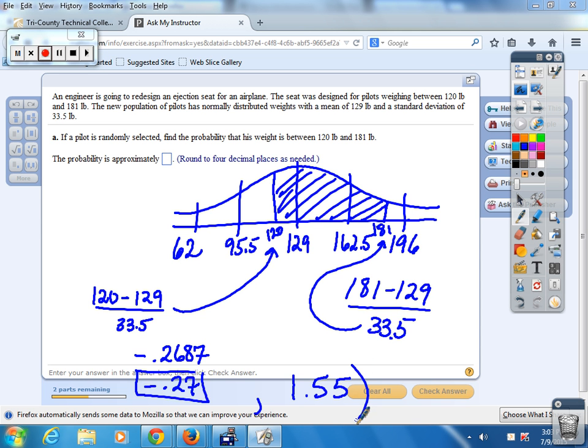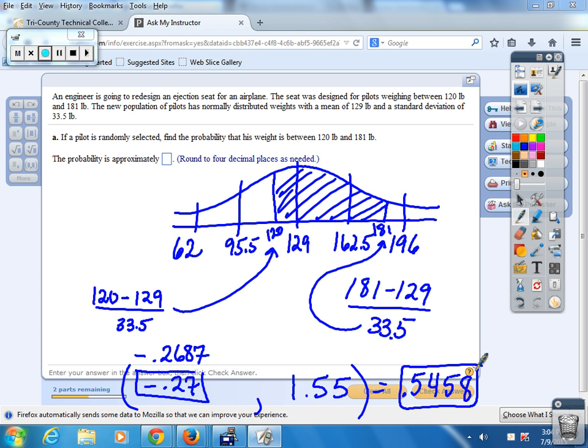All right, now put that in your second bar's normal CDF and somebody give me that probability. Four decimal places. 0.5458. Now, does that make sense?